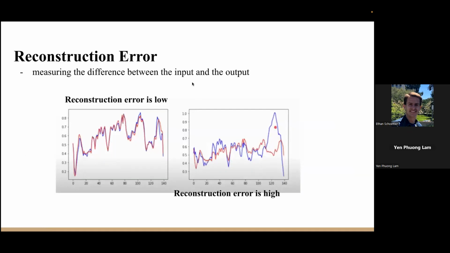The reason for that is because during the process there will be reconstruction error. The reconstruction error measures the difference between the input and the output. There are two diagrams that illustrate when the reconstruction error is low and when it is high. When it's low, the input and output follow the same path as each other.